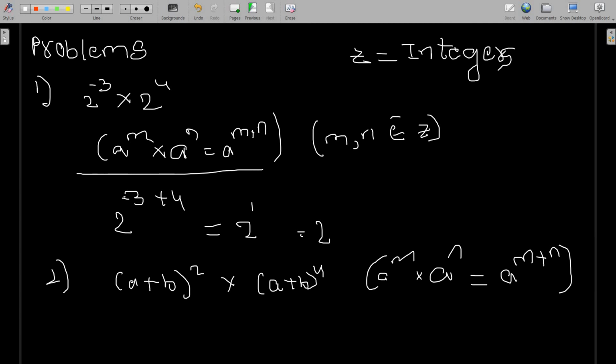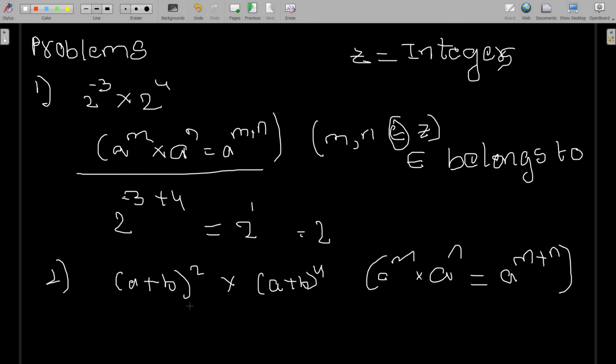And this symbol, don't think it is e, it is the symbol of belongs to. This symbol means belongs to: m and n belong to integers. So in symbol form, I am writing like this. If you have any doubt in these symbols, write in the comment box. 99% I will reply to all the questions written in the comment box.